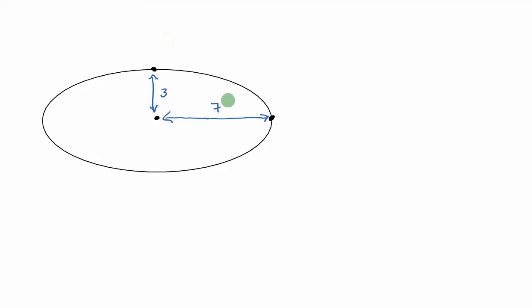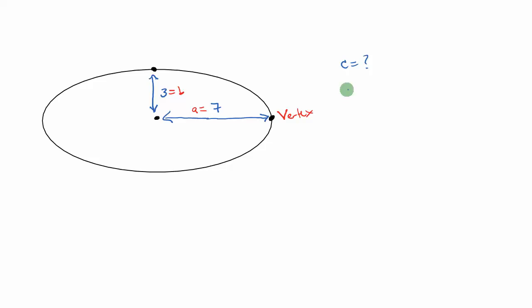Then we know that A is 7 because this point here is a vertex, right, because it's on the major axis. This distance here is B because that's to the endpoint of the minor axis, and I want to know where the focus is, so I want to know what C is.